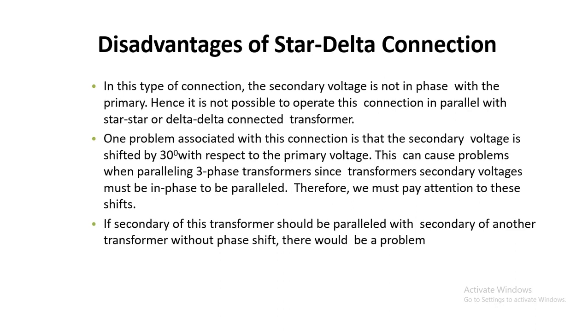This can cause problems when paralleling three-phase transformers, since the transformers' secondary voltages must be in phase to parallel. Therefore, we must pay attention to these shifts. If the secondary of this transformer should be paralleled with the secondary of another transformer without phase shift, there would be a problem.